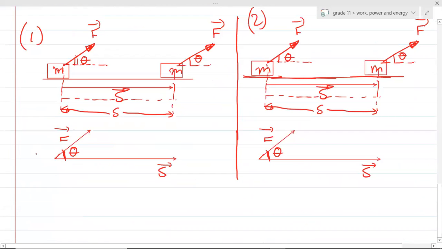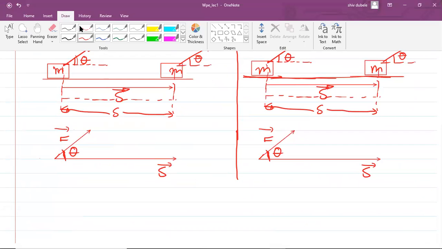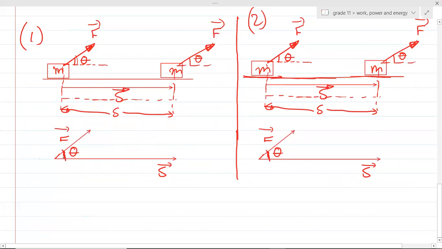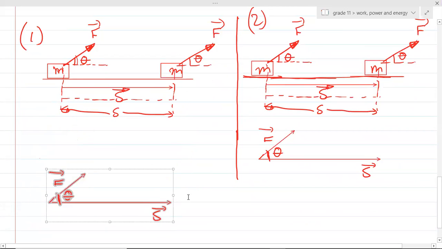So in the first case, basically what will I do? Can you see over here this displacement vector? I can just make two different vector quantities. See the diagram very carefully.